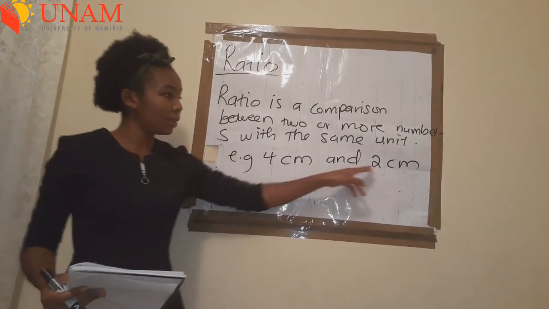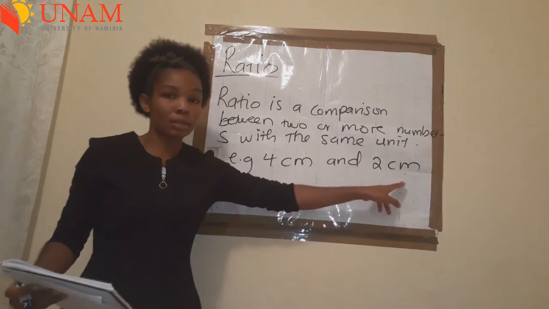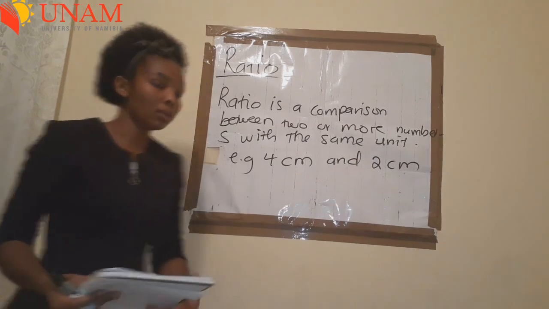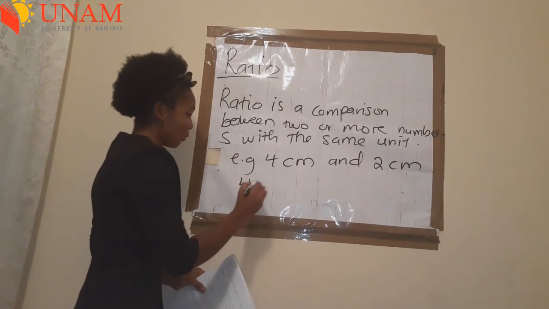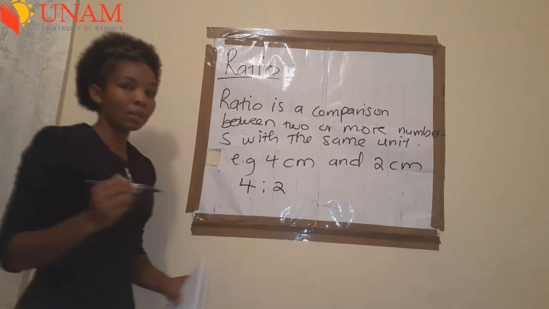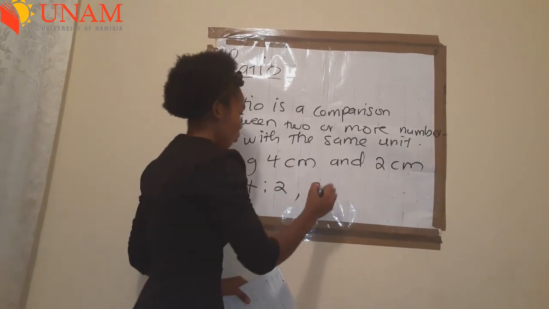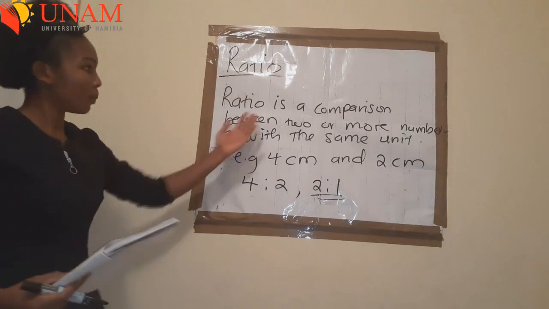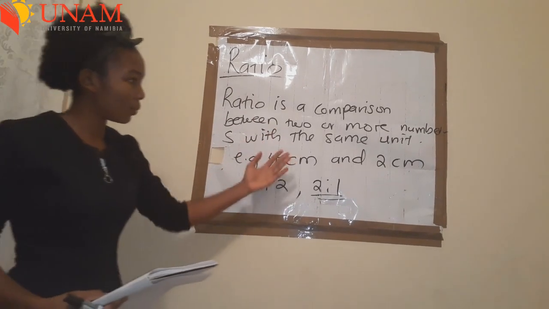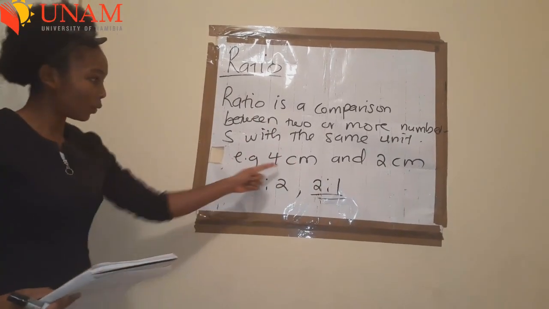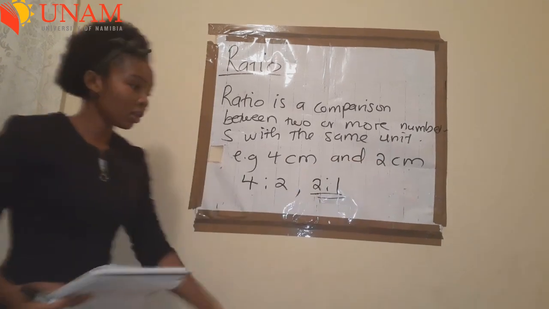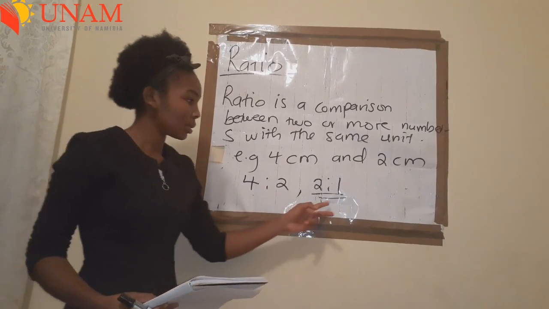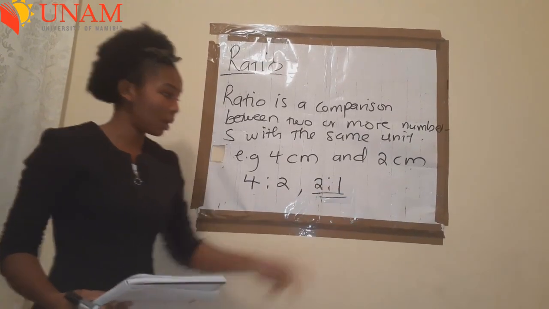If they ask you to express that in the form of ratio, we can write 4 to 2. In the simplest form, it is 2 to 1.